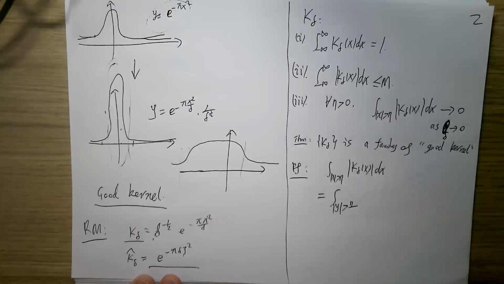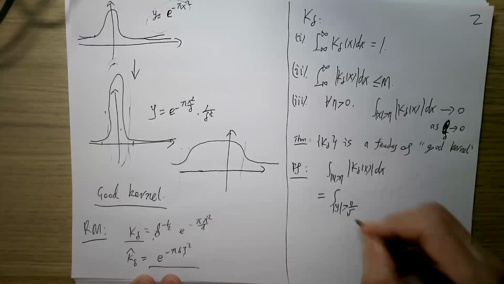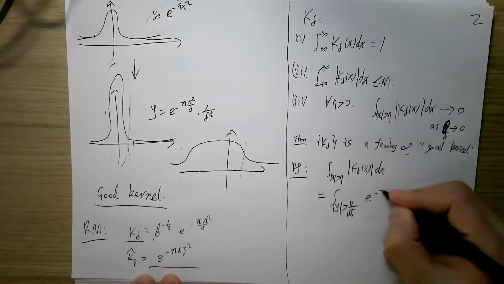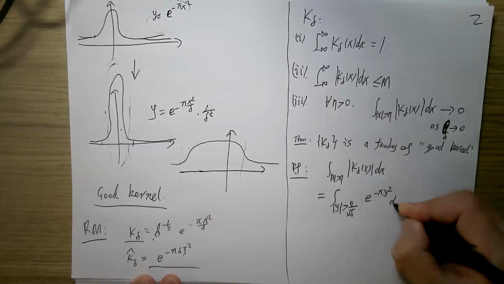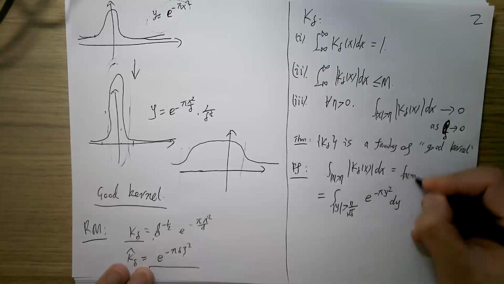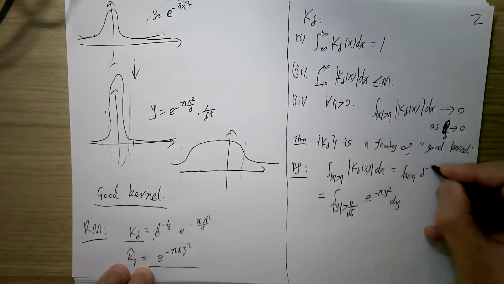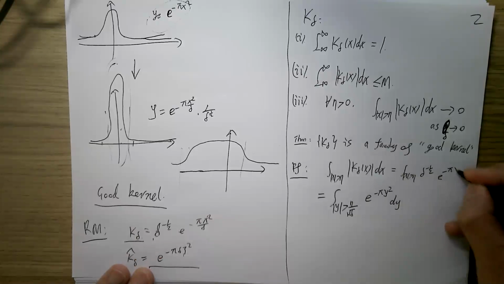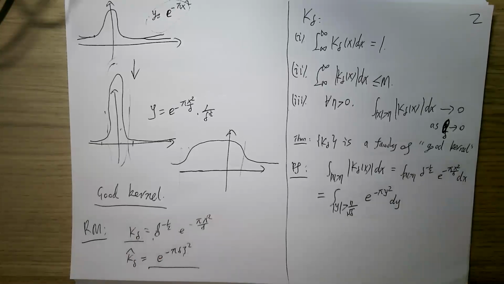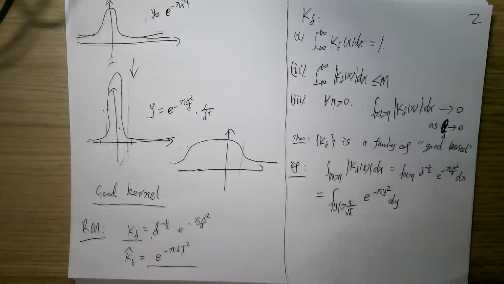So it's the integral over |y| greater than eta over square root of delta of e to the minus pi y squared dy. Okay, so maybe I should write it carefully. Delta to the power minus a half, e to the power minus pi x squared over delta, dx. And you call this y to be x over square root of delta. You get that it equals this.